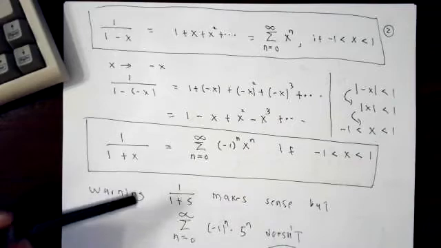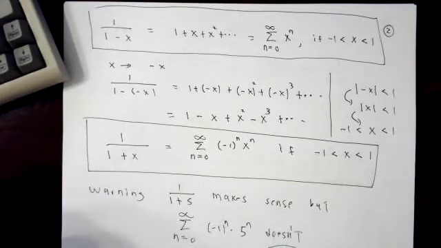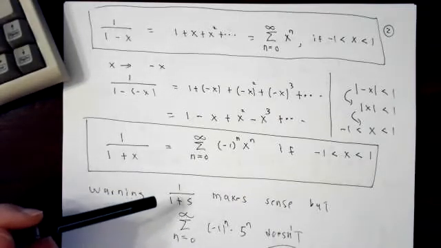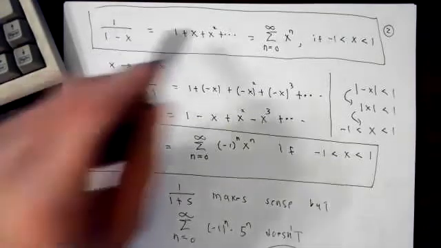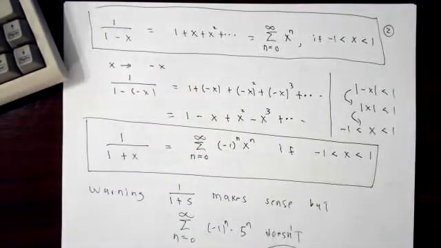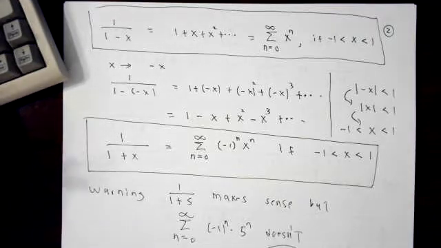So for example, make x 5. 1 over 1 plus 5 is a perfectly good number. It's 1 over 6. But this infinite series doesn't converge at x equals 5. So you can't just say that these two things are always true no matter what x is. It's only true for x's between -1 and +1.